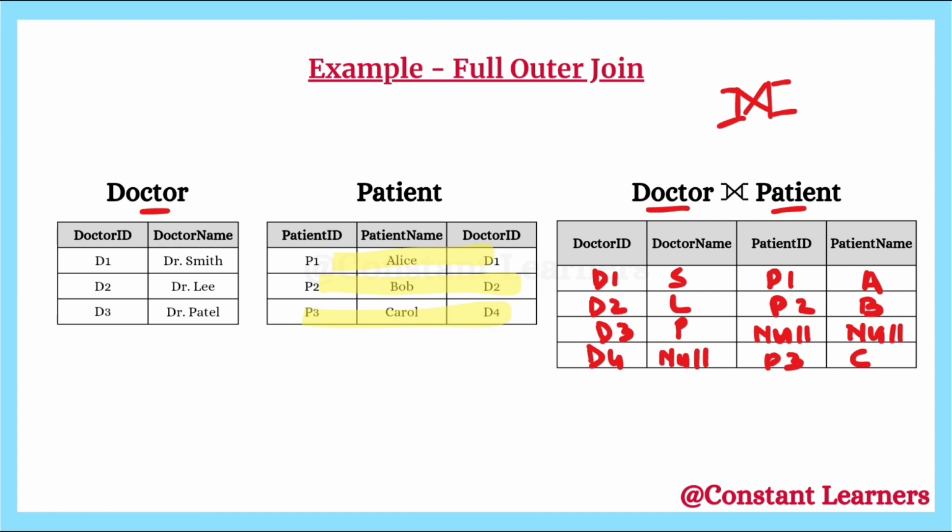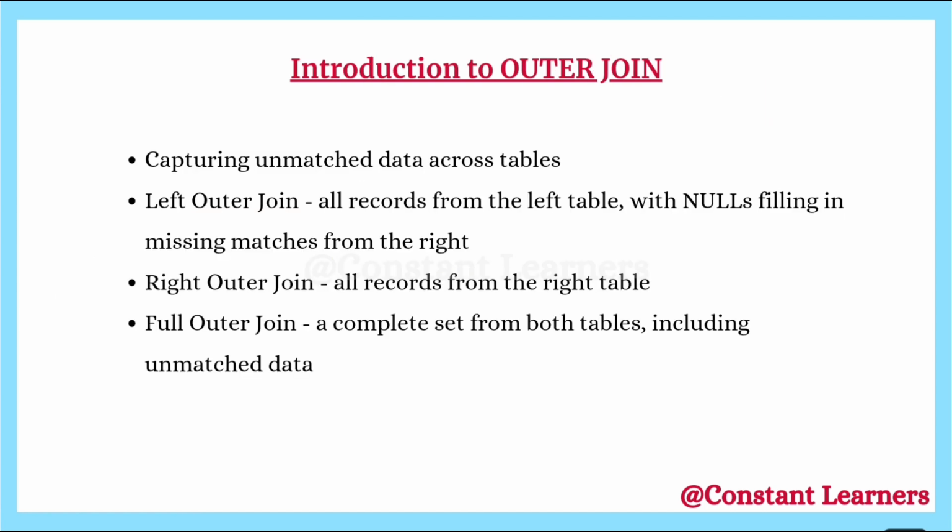Alright, so to summarize, outer joins are incredibly useful when you need to capture unmatched data across the tables. Left outer join is great when you need all the records from the left table with nulls filling in the missing matches from the right. Similarly, right outer join records all the records from the right table with null values filling in the left hand side missing matches, right?